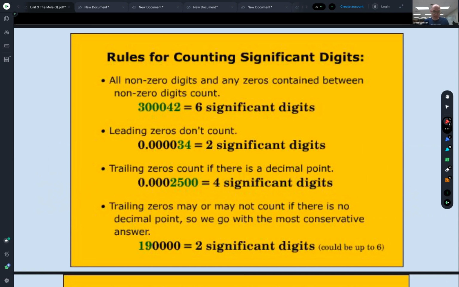They are significant. In the case of zeros, however, there are a few rules we have to understand. If the zeros are trapped in between real numbers, they also count as significant. So in this first example, there are 1, 2, 3, 4, 5, 6 significant figures.